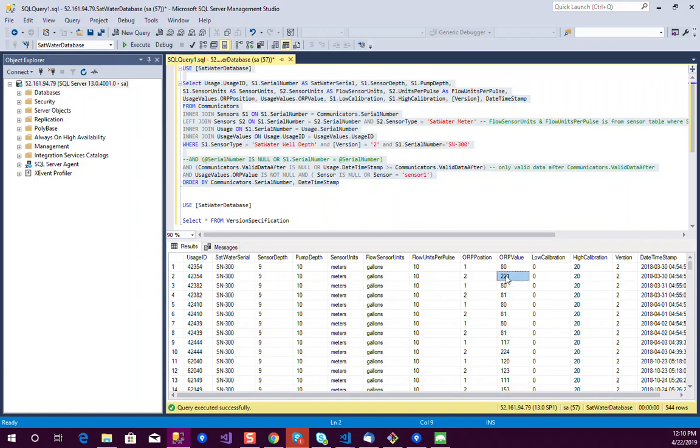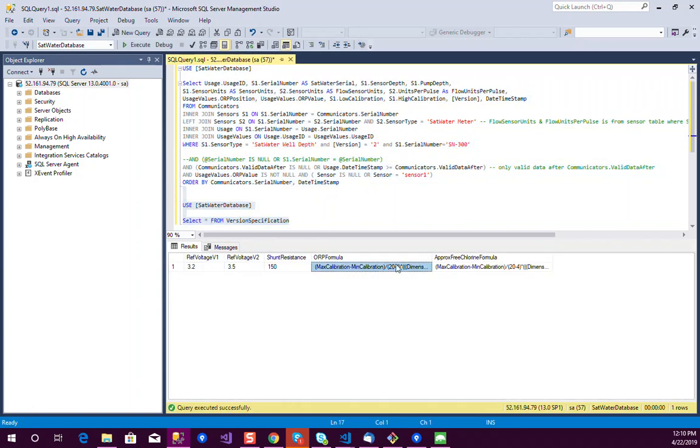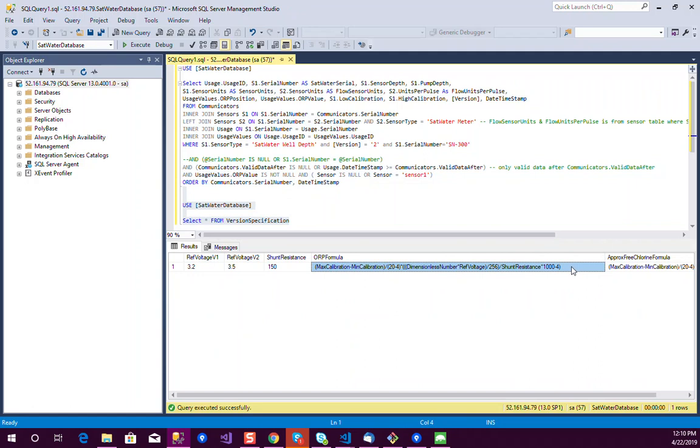For ORP position 2, we calculate the static value. We have the ORP value 2 to 1, the high calibration is 20 and the low calibration is 0, and everything else is version specific. This is the formula we are using for the dynamic and static reading calculations.